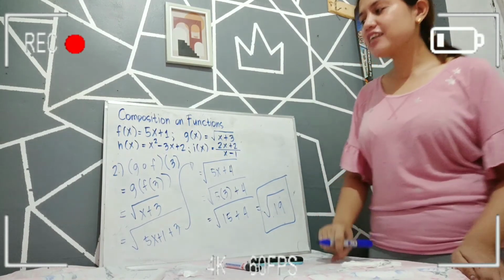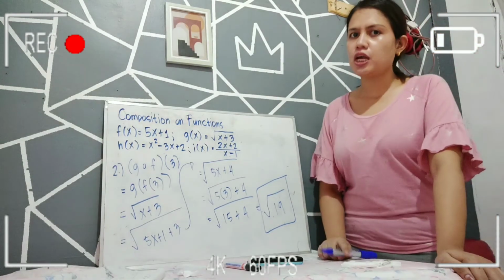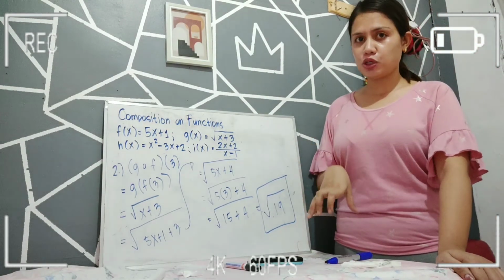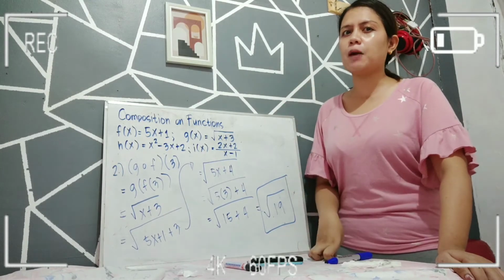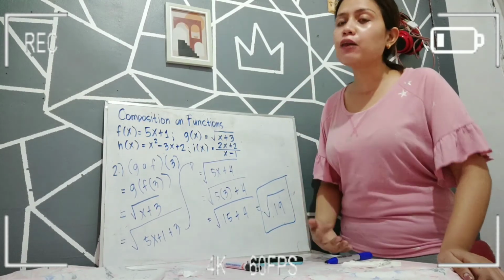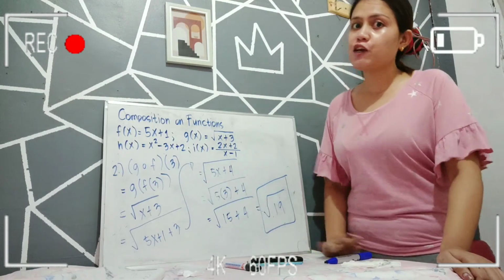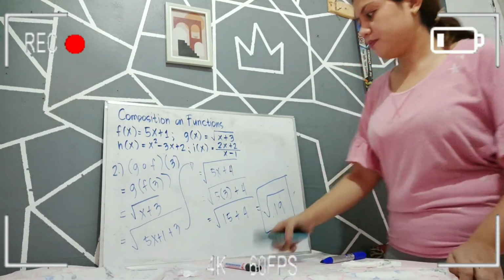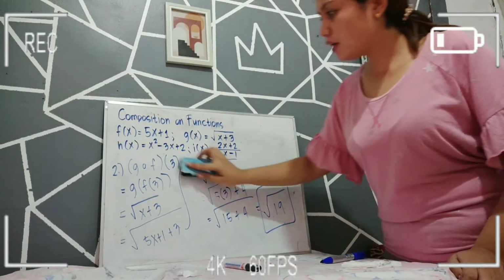Okay, let's have last example in composition of functions. Actually, class, easy lang yun ang composition of functions. Just follow the concept of replacing and following lang yun the sequence in writing our function. Let's have another example.